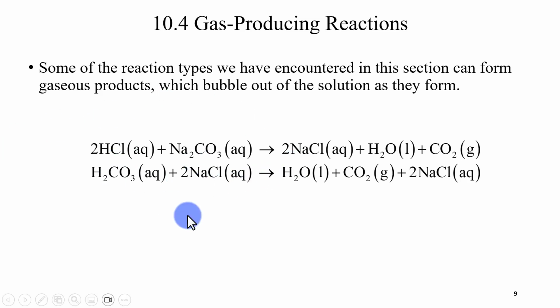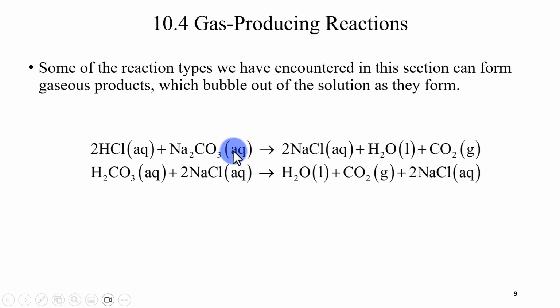The last bit of this video is going to be dedicated to those reactions that produce gas. Some of the reactions that we've already talked about can form gaseous products that bubble out of solution, especially when we're mixing acids and bases together.